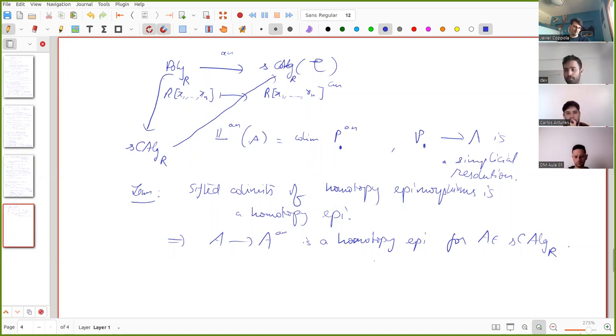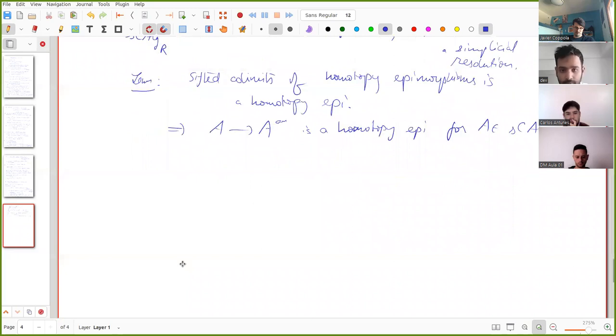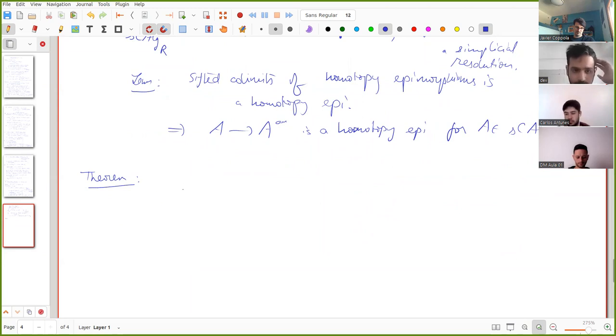Okay, so that's the proof for analytifications. The proof for localizations is, again, very similar. You prove it for polynomial rings, and then you, again, need to prove a lemma about derived push-outs being closed under homotopy epimorphisms.